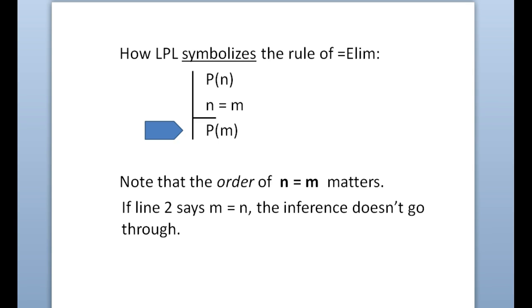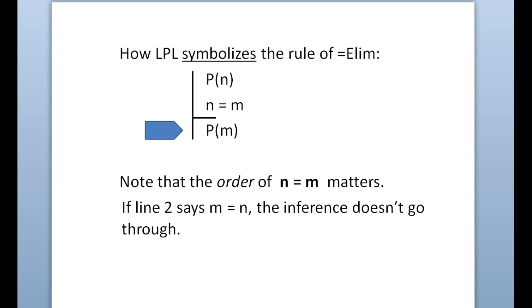That means that when you've got those first two things, a sentence containing n, and then n equals m, you now have the right to repeat the same sentence P, but now you have the right to substitute m for n anywhere you want to in that first sentence.